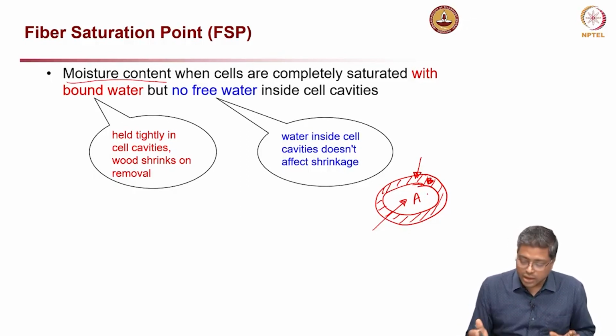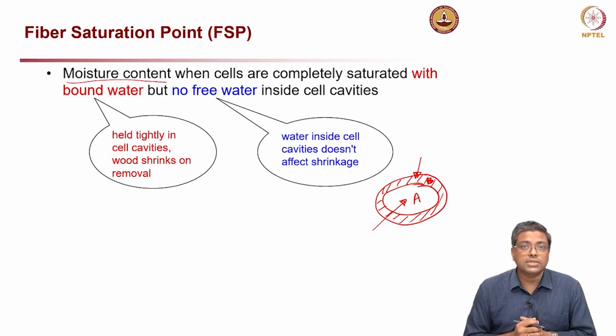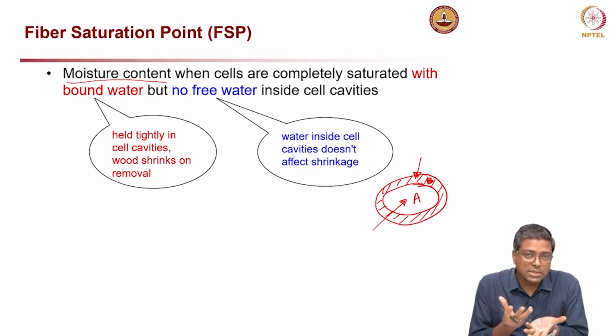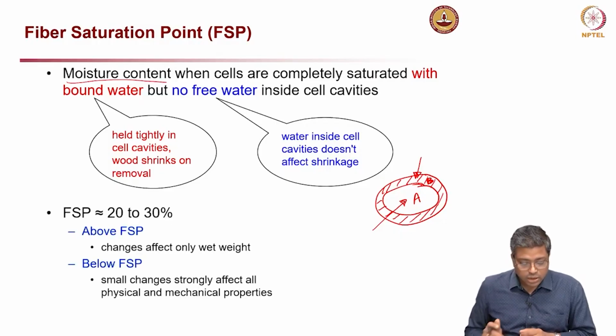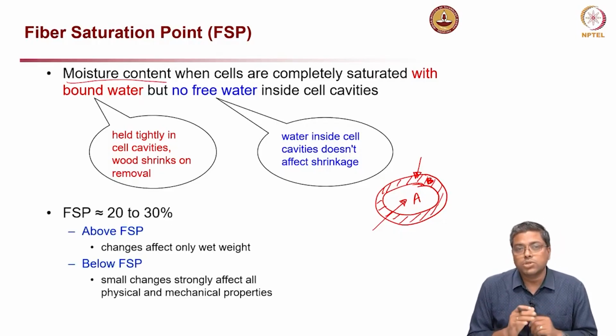And then after further drying, only the water in the region B, that is the cell wall itself, will start evaporating. Okay. Now, FSP is about 20 to 30% for most wood.